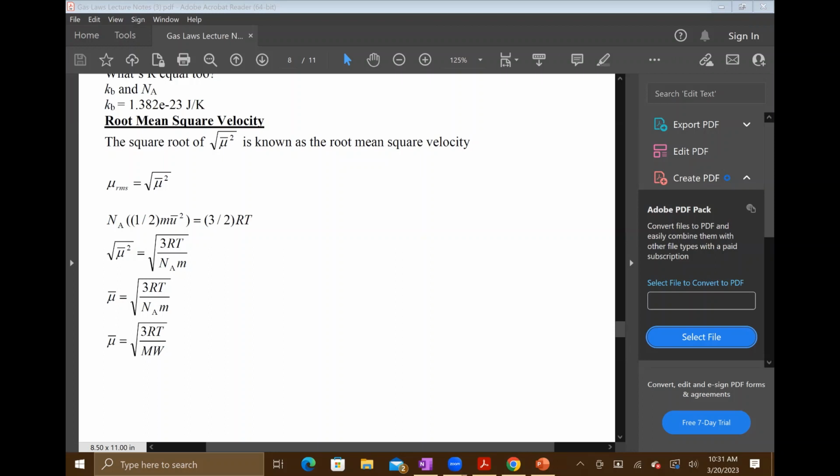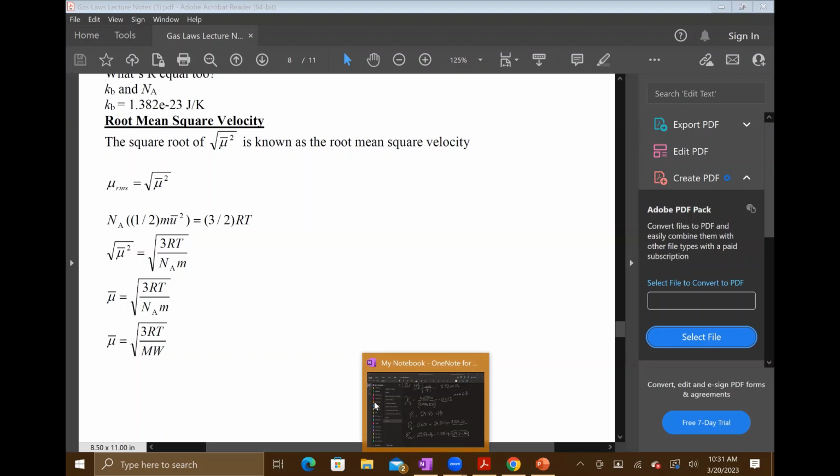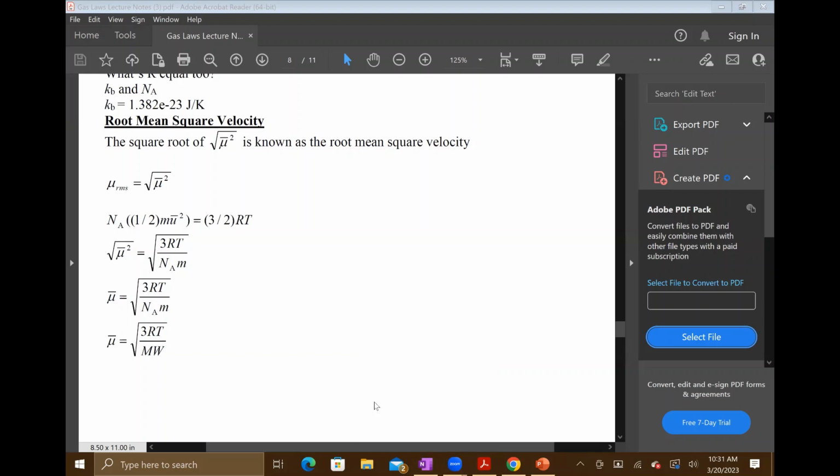So you got to make sure your units are correct in kilograms per mole. Everyone let me know when you're ready to move on. I'm just waiting on everyone to finish writing this stuff down. Let me know when you're done and I'll move on.